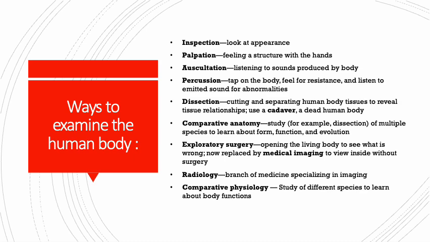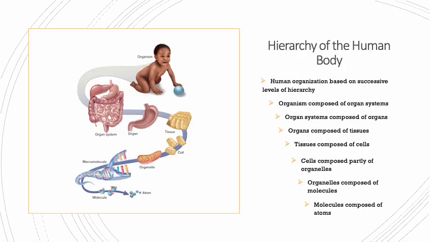We can't always just cut people open and look inside of them. So we use comparative anatomy and physiology to learn a lot, especially way back when medicine was first starting and we first figured out how the body was working and that there were organs inside. A lot of comparative anatomy and physiology were used to figure out which parts did what and where they were.